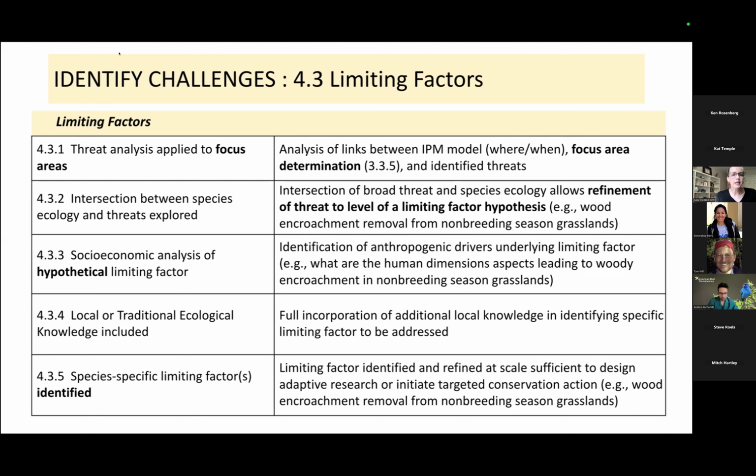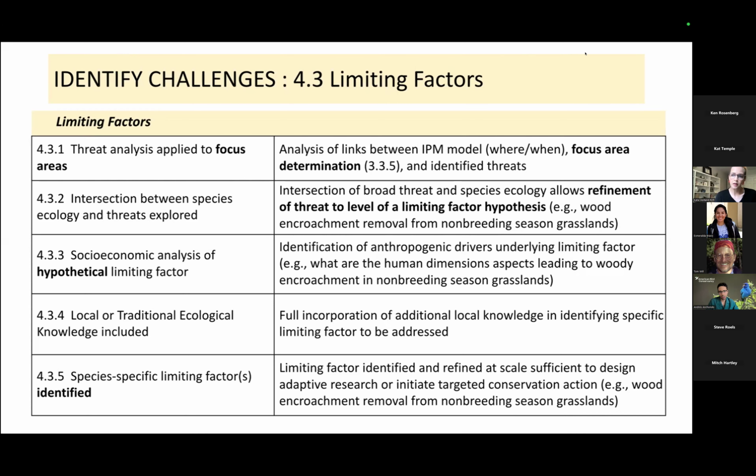Because a lot of information is not held in the formats that we typically access through Google Scholar, can we think more broadly and work with partners to make sure that we're accessing as much information about these threats, the human components of the threats, and the impact that these are having on species in all parts of the range?